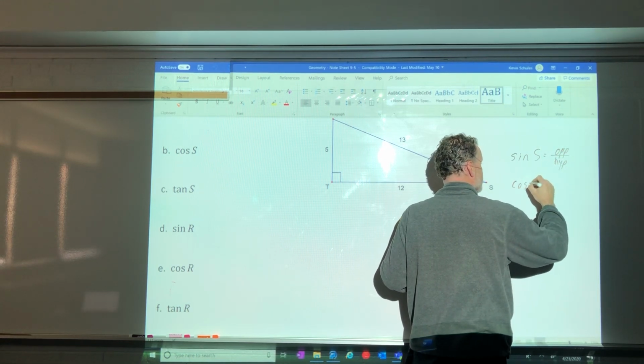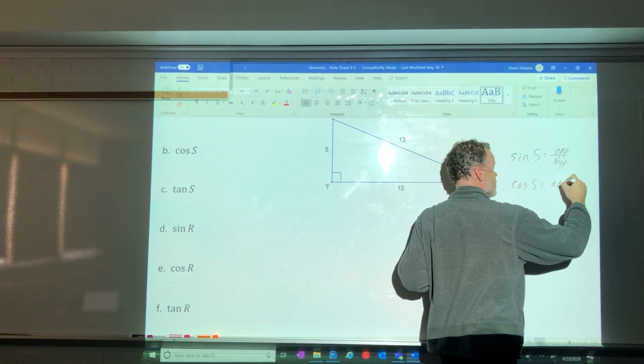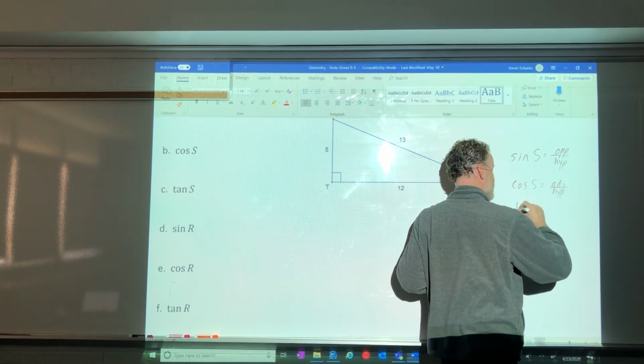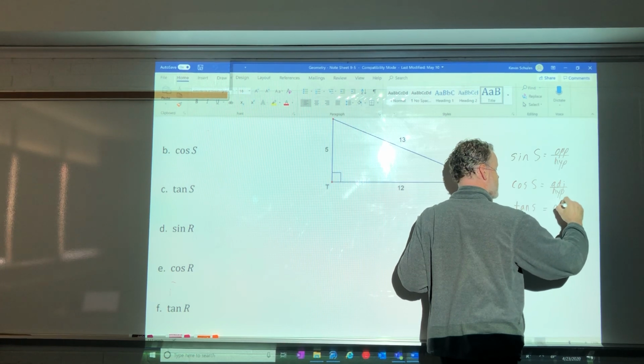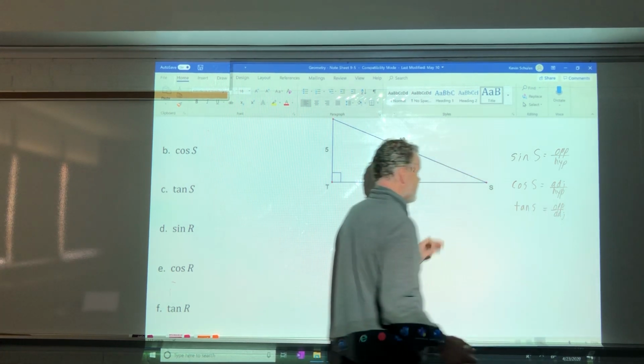Cosine of S equals your adjacent over your hypotenuse. Tangent of S is going to equal your opposite over your adjacent. And I just abbreviate that.